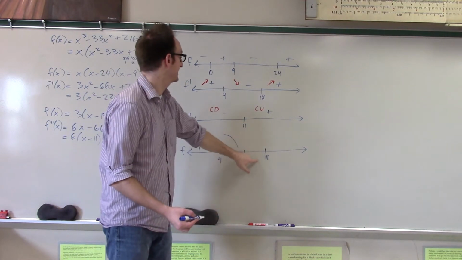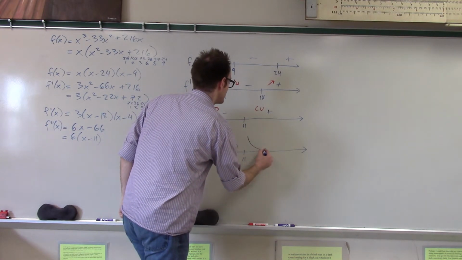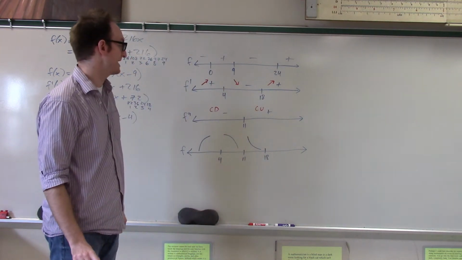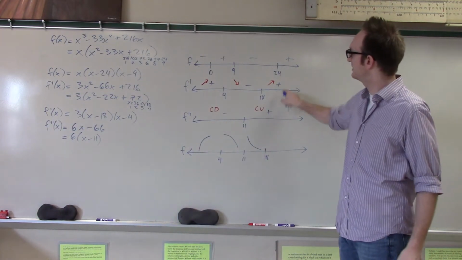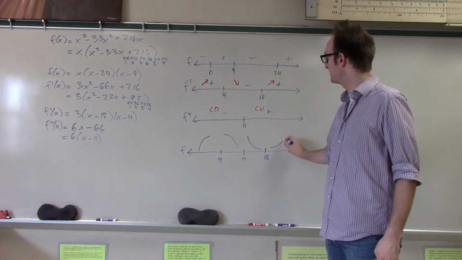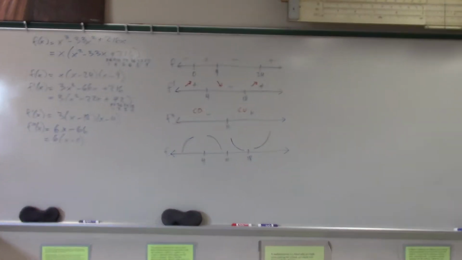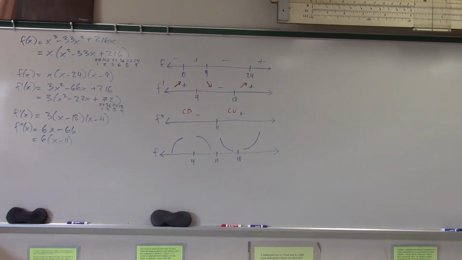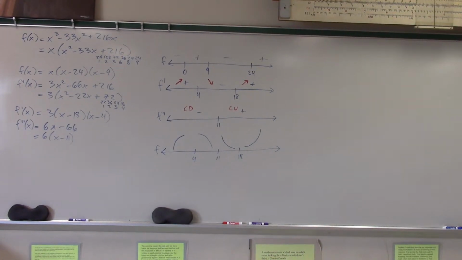Between 11 and 18, my function is decreasing concave up, and a decreasing concave up function looks like that generically. And from 18 to infinity, my function is increasing and concave up, and increasing concave up functions look like this. So we do a bunch of algebra, we do a bunch of calculus, we do more algebra, and then we make a number line, and that's going to really, really help us graph this function.